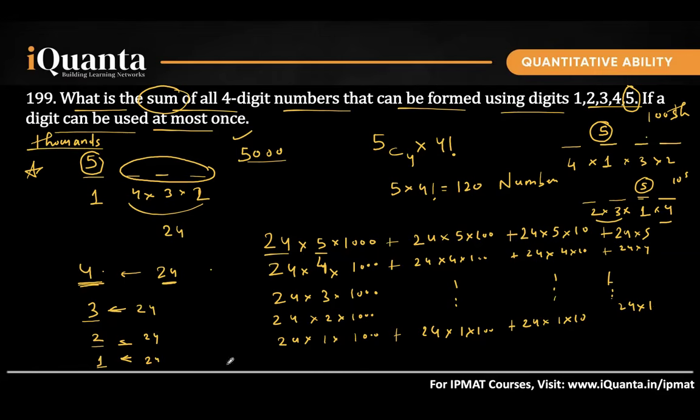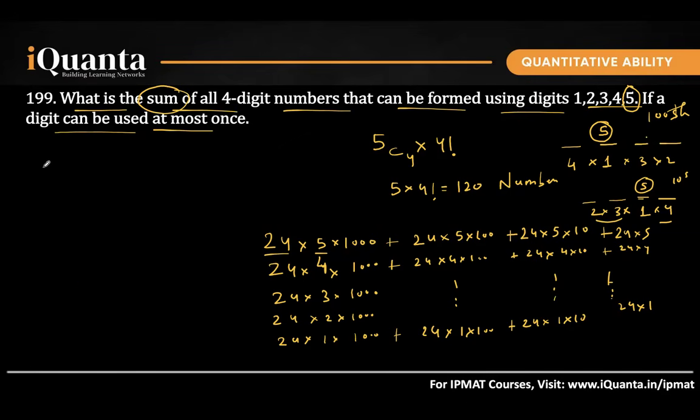So let me just erase a bit over here and make space for the rest of the calculation. So can I just take 24 common out of all the numbers? Each and every number here, 24, 24, 24 is there in all the numbers. Okay. Then can I take 1000 common? Yes, 1000 is common in 24 numbers. Okay.